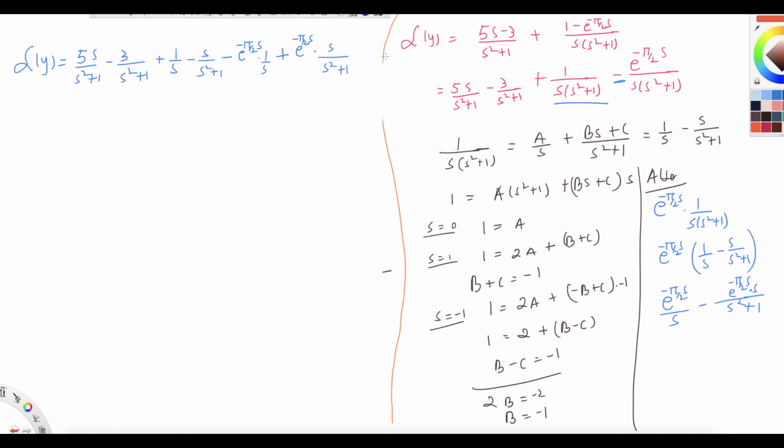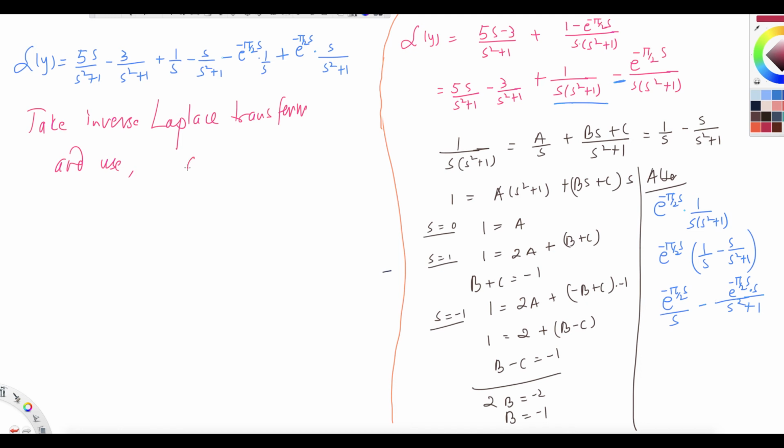That's what you get. Now, what we do is we take the inverse Laplace transform, okay? So let me write that down. Take the inverse Laplace transform. Also, we need to use the formula.